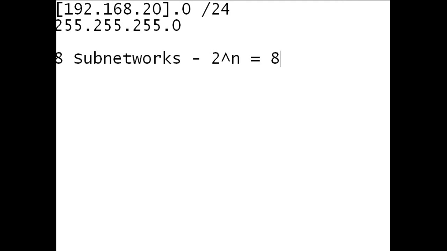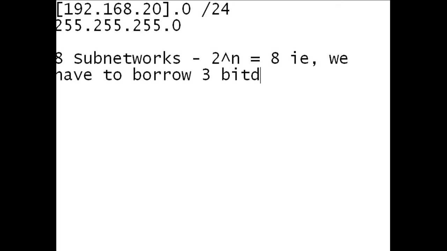That is, we have to borrow 3 bits from the host. Now if I am borrowing 3 bits from the host, then the network looks like this.